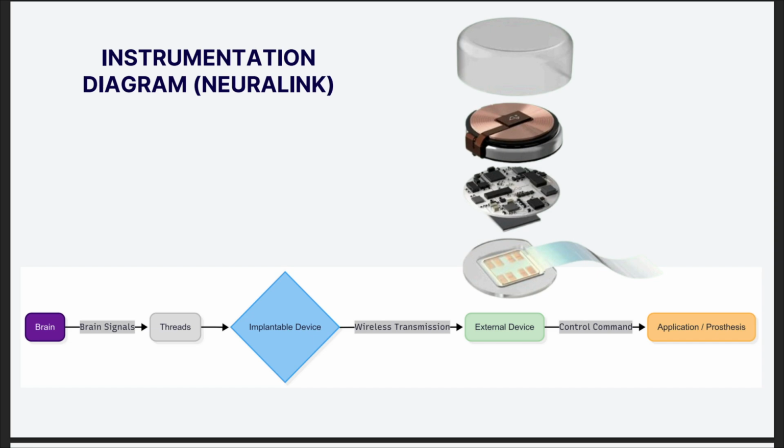After that, the implantable device will transmit it to a receiver station, which will then turn it into a control command for a prosthetic, a robotic arm, or any other actuation that controls the environment. Next slide, please.